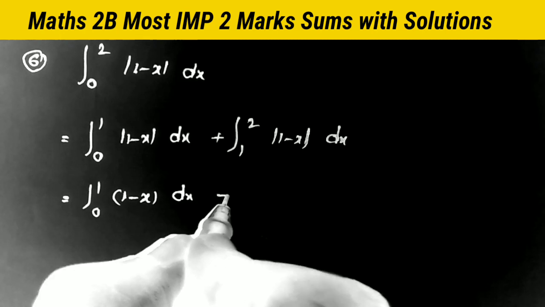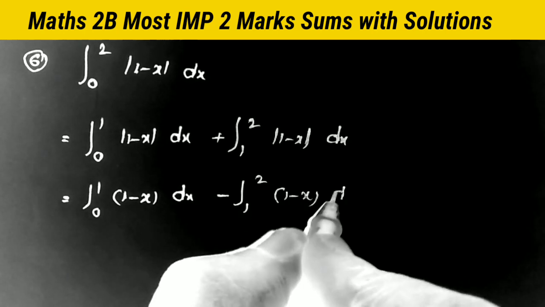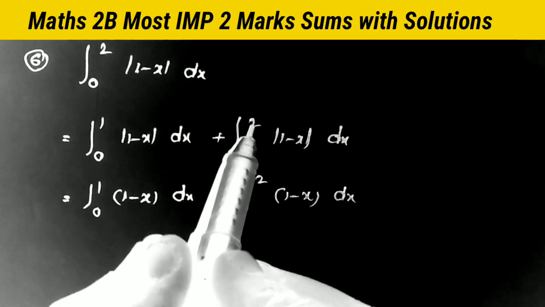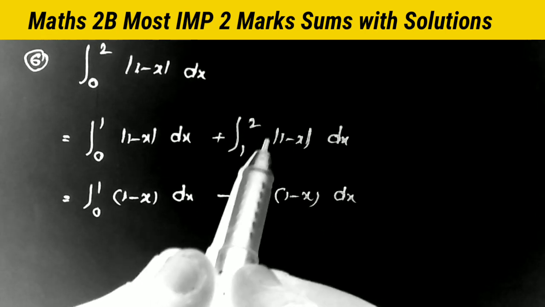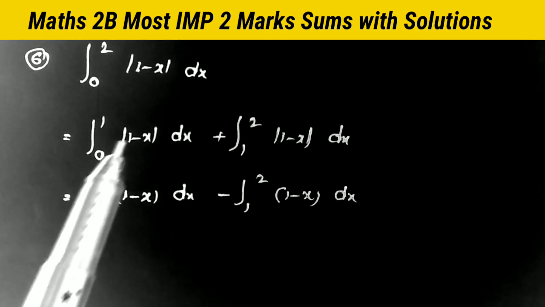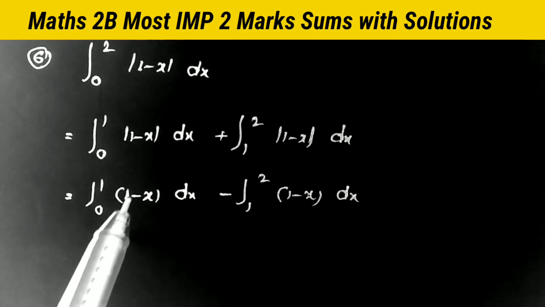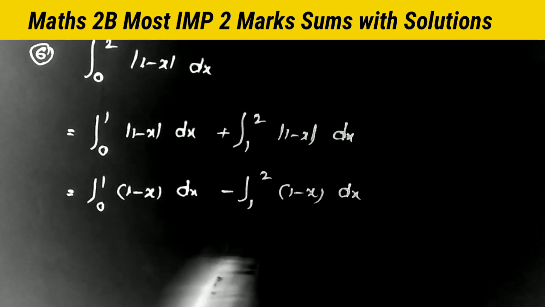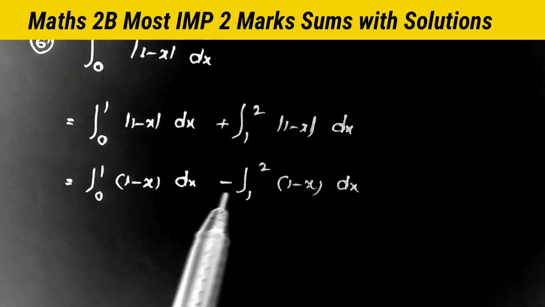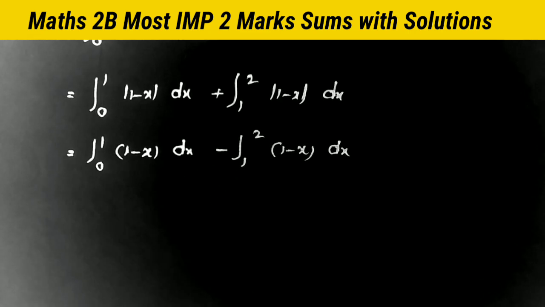Minus 0.5 means I take the function as minus of 1 minus x. Since here when we take any number between these two, it returns a negative value, so here we use the negative sign for this function. But in the first interval it returns a positive value, so we take the direct answer 1 minus x. The second is minus of 1 minus x. Just remember this one. Here the sign of the second term is changed. Enough. Just remember that point only.